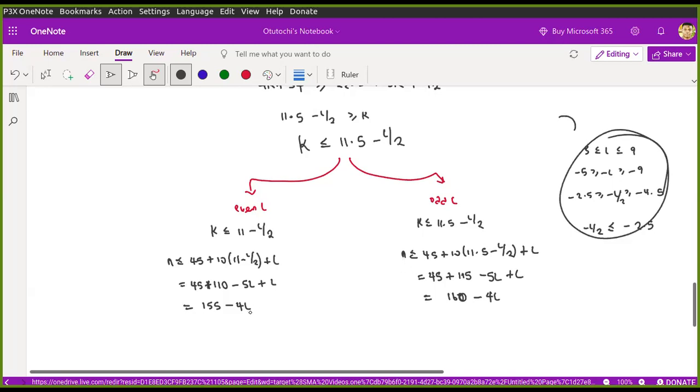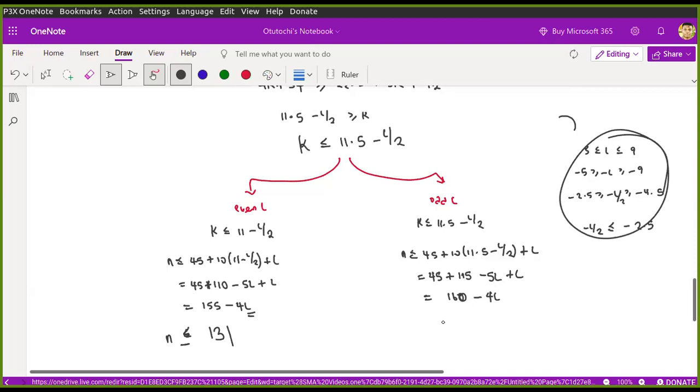For this case, the smallest even L is 6. So N is less than or equal to 155 minus 4 times 6, which is 155 minus 24, which is 131. And for this case, the smallest odd L we can have is 5.